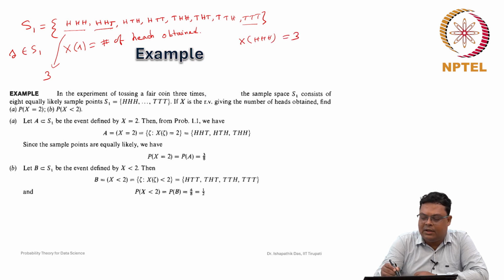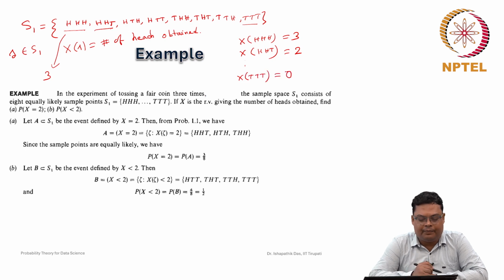Similarly, X of head, head, tail is 2. Similarly, for this case also 2, for this case also 2, for this case the number of heads is 1, for this case 2, this case 1, this case 1, and for X of tail, tail, tail, this is 0. Now this is the random variable, it is defined.